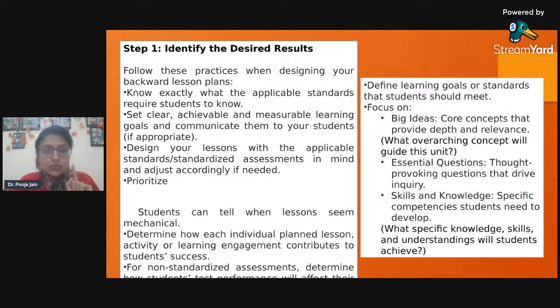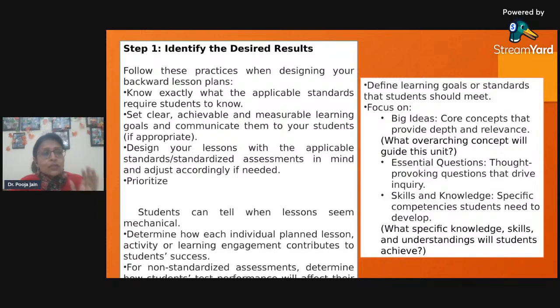Every child needs to know this, and this is the overarching concept. Without this, I cannot move beyond. And then I'll prepare essential questions based on this that are going to make my children more curious, more inquiry driven. And then I'll focus on 2-3 skills and competencies that I know my children should have attained by the end of it.